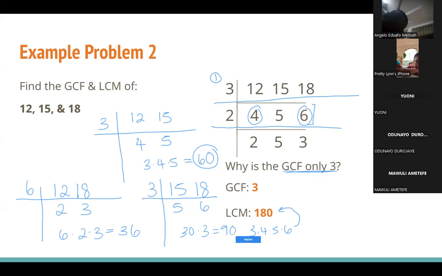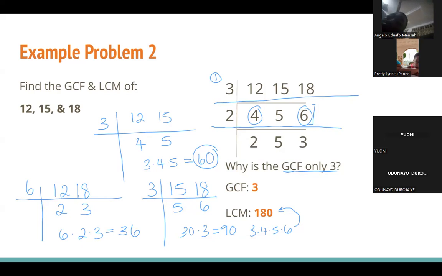Okay, so now we've got 3 numbers, right? So let's see what the LCM is between those 3 numbers. So we have 60, 90, and 36. What is the number we can take out from 60, 90, and 36? 6.